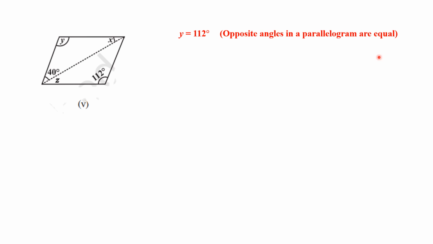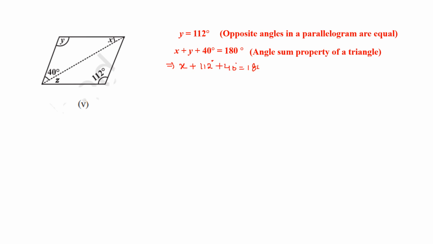Clear? Now, if I take this triangle, X plus Y plus 40 degree will be equal to 180 degree. Why? Because we know that in a triangle, the sum of the three angles is 180. This is the angle sum property of a triangle. Now I'm going to put the value of Y here, and I will get the value for X. So it will be X plus 112 degree plus 40 degree equal to 180 degree.